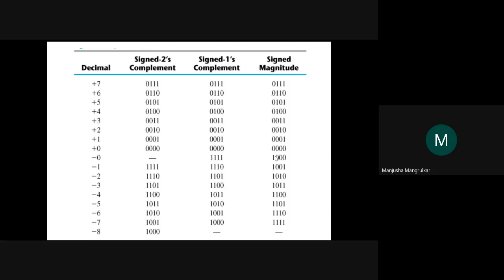These all are the sign magnitude plus 7 till 0, and then it starts from minus 0, and this is minus 1 to minus 7.